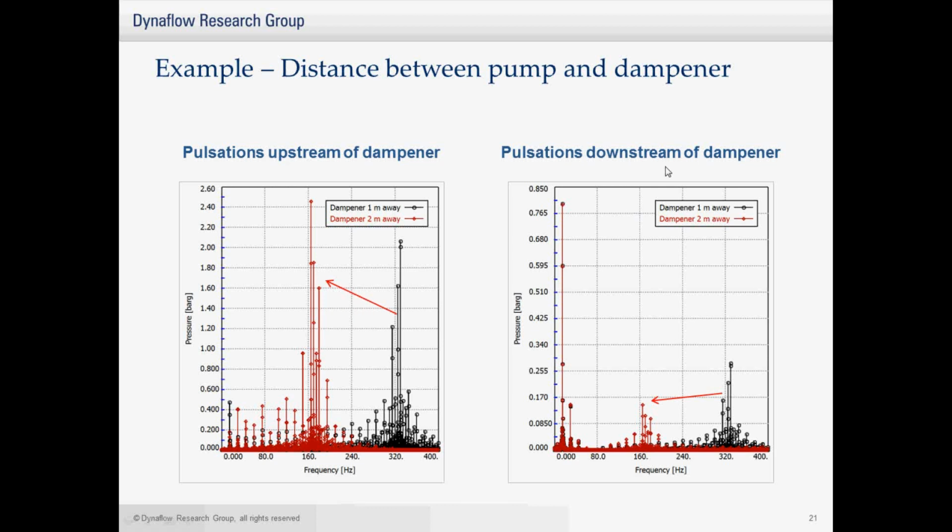The same for the pressure pulsations downstream of the dampener. And you can sort of ignore the amplitude of these pulsations, because it depends on what kind of model you use for your initial frequency excitation. We can definitely see a shift of major amplifications at a different frequency.